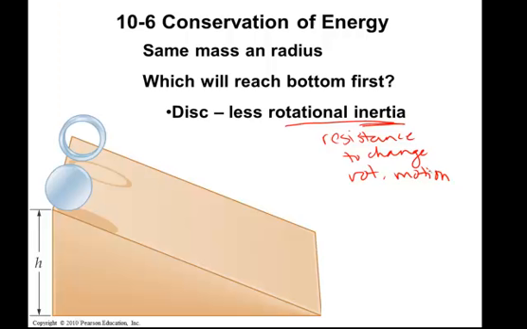It's going to be harder to start and harder to stop. If it has a small rotational inertia, that means the resistance to change its motion is less, so it's easier to start and easier to stop. So in this case, if the disk has less rotational inertia, then it would be easier to change its motion. That means it's going to speed up quicker as it's running down the ramp.